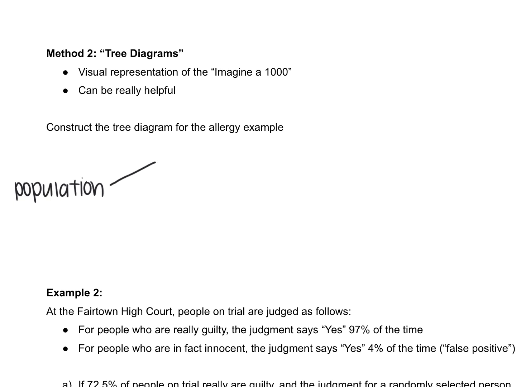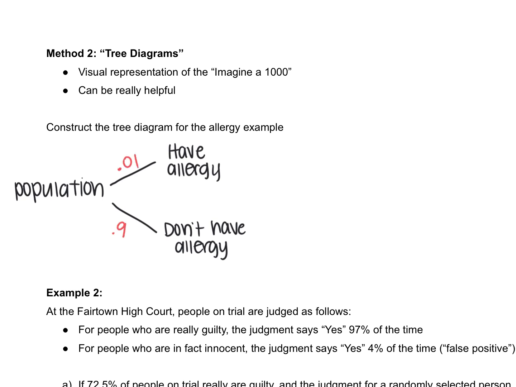In this case, we break down first into 2 branches, and that is whether or not you have the allergy, so whether you're allergic to cats, or you don't have the allergy. And this is where our 1% and the 99% come into play, which in a tree diagram, we always leave as percentages, so probabilities, 0.01 and 0.99.